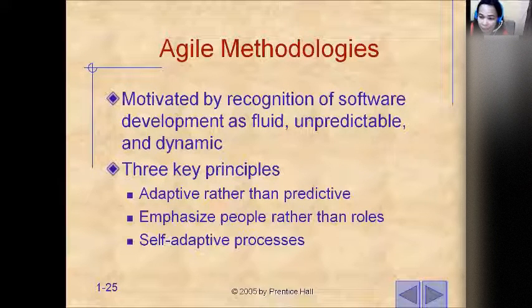Agile. Agile methodologies are motivated by recognition of software development as fluid, unpredictable, and dynamic. Three key principles: adaptive rather than predictive, emphasize people rather than roles, and a self-adaptive process.